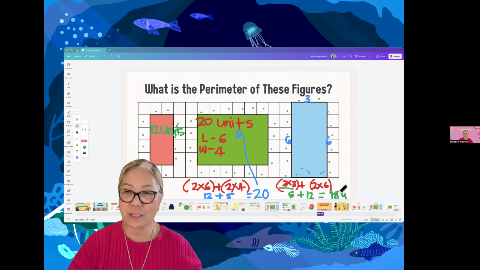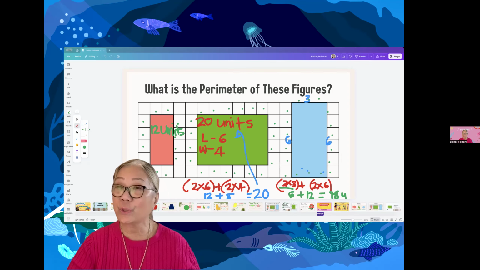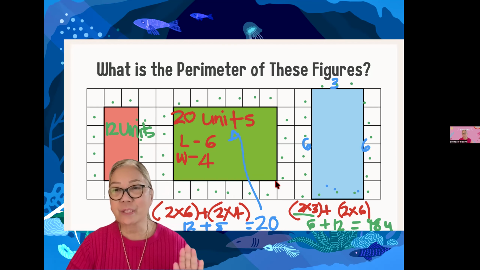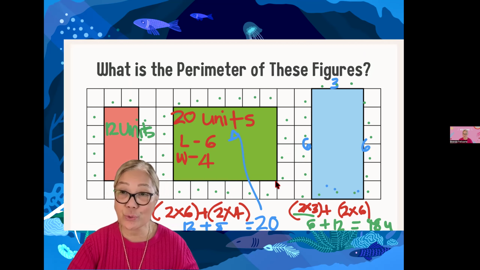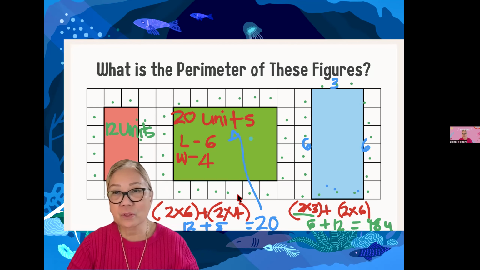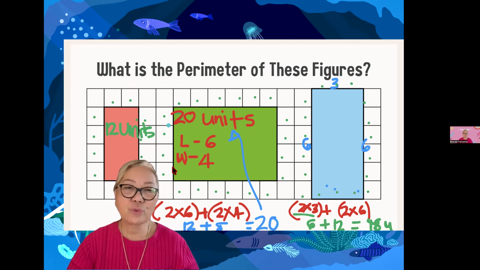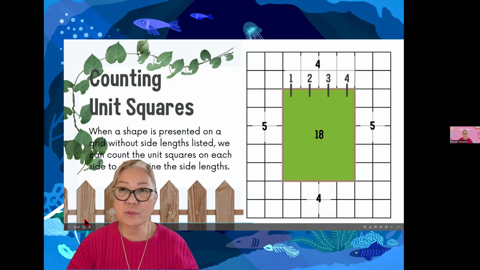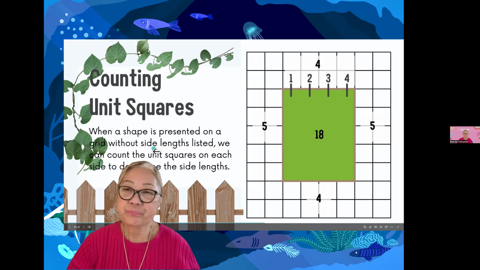In any way, you are able to find your formula. 2 times L is 2 lengths because there are 2 lengths. And then 2W because there are 2 widths. All right.